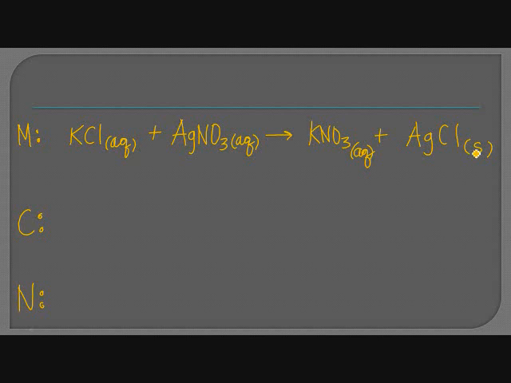Now for the complete ionic, everything that is aqueous will be broken apart into its ions, and every ion needs its charge. So we have K+ aqueous plus Cl- aqueous. That was the potassium chloride broken up. Plus, now we break up the silver nitrate.